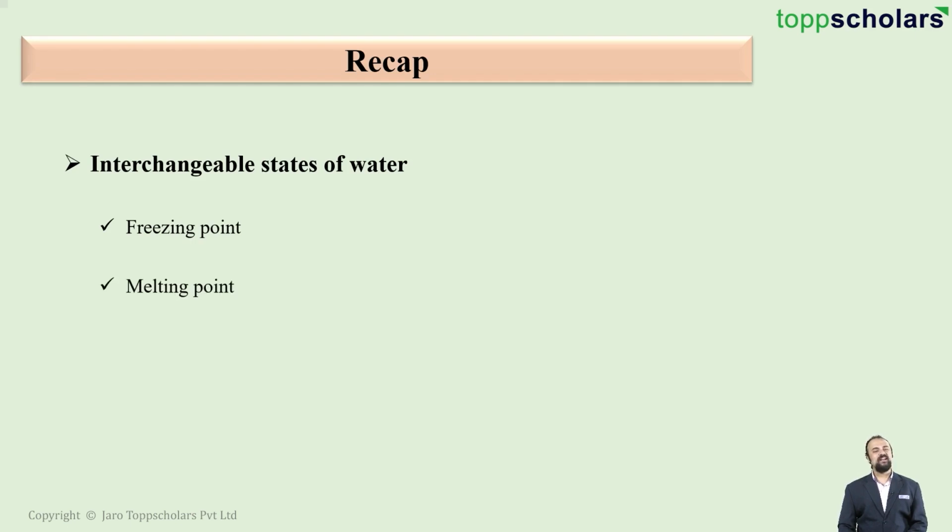We also studied about the melting point, which occurs when solid ice is heated above 0 degrees Celsius. After which we also studied about evaporation, condensation and finally sublimation, which is not shown by water but it is shown by dry ice.